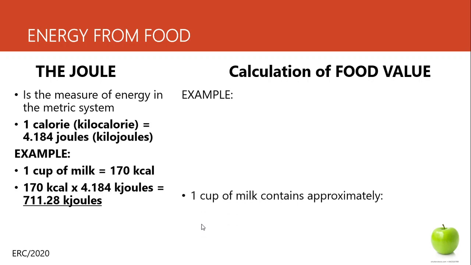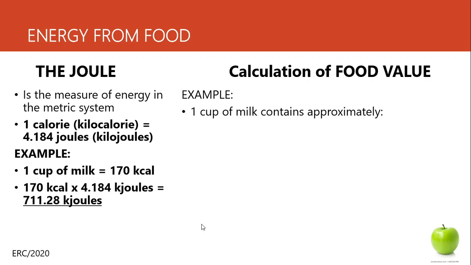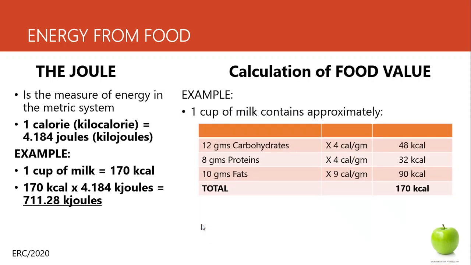For example, 1 cup of milk contains approximately 12 grams of carbohydrates, 8 grams of protein, and 10 grams of fats.